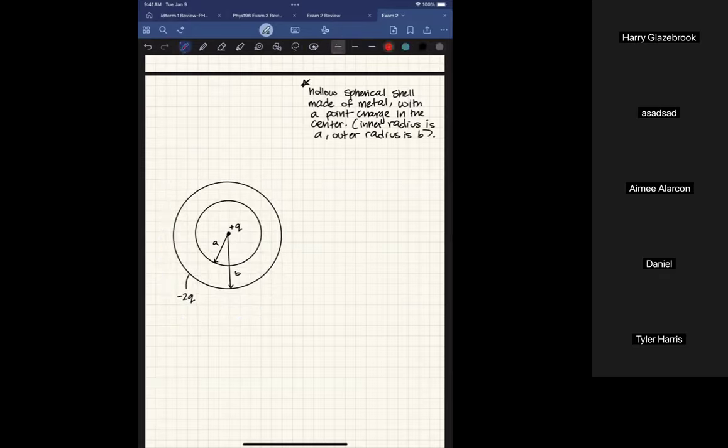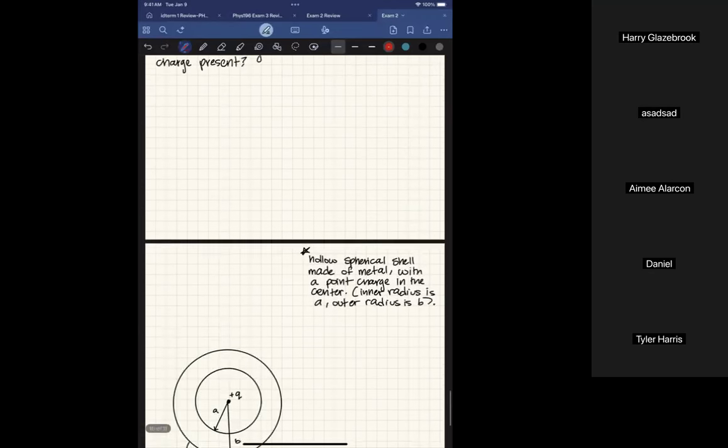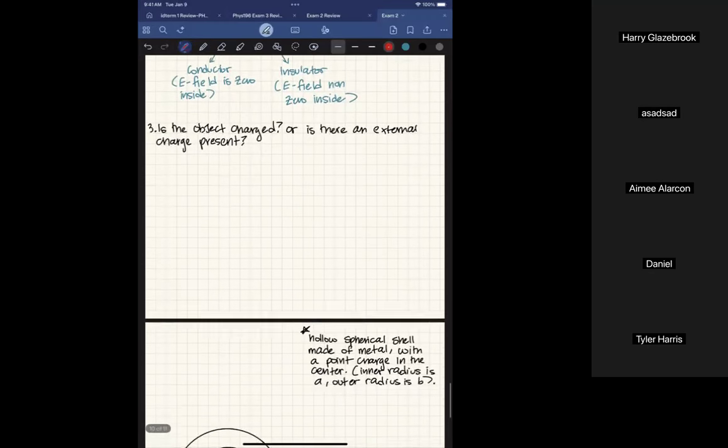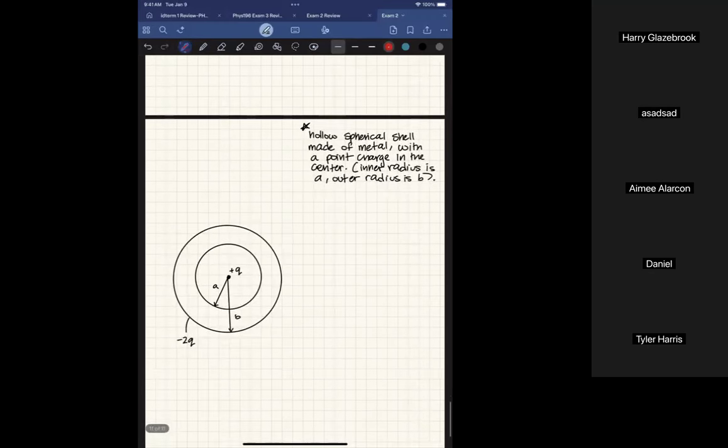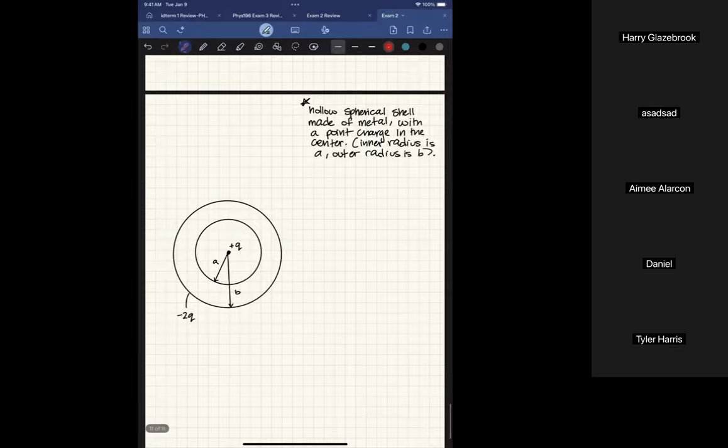So first things first, when I'm asking myself questions, I'm going to go up here. All right, what object is this? This is a spherical shell. When I see sphere, that means when I use Gauss law, when I make my imaginary object, I'm going to be making a sphere.